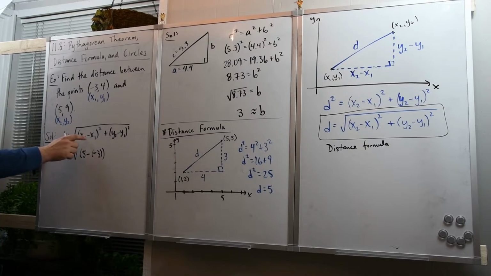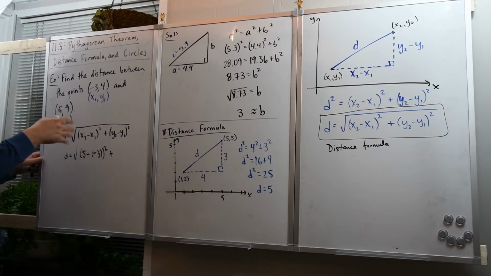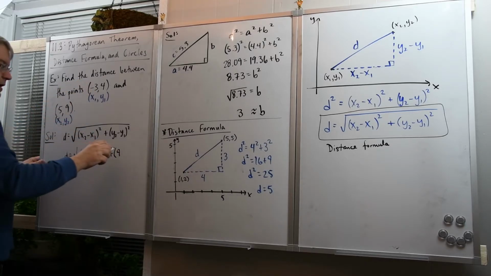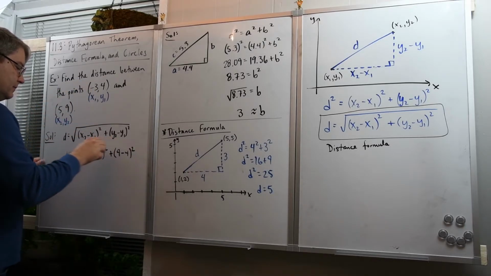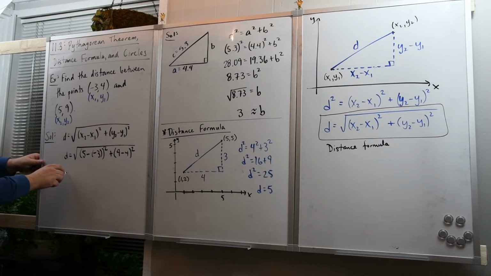So that's going to give us 5 minus a -3. Now that'll get squared. And then we'll add y2 minus y1 squared. Here we have y2 is equal to 9, and then we have y1 is equal to 4. And when we take 5 minus a -3, that's the same thing as 5 plus 3, or 8.